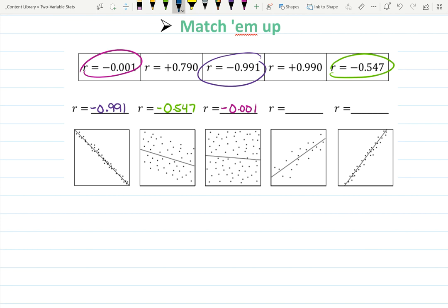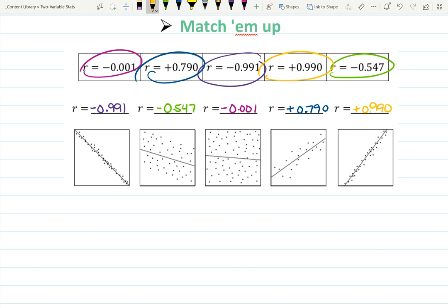Pretty strong, but not super strong, so this one is going to take our 0.79. And this one is definitely more tightly clustered around that line, so this will be our positive 0.990.